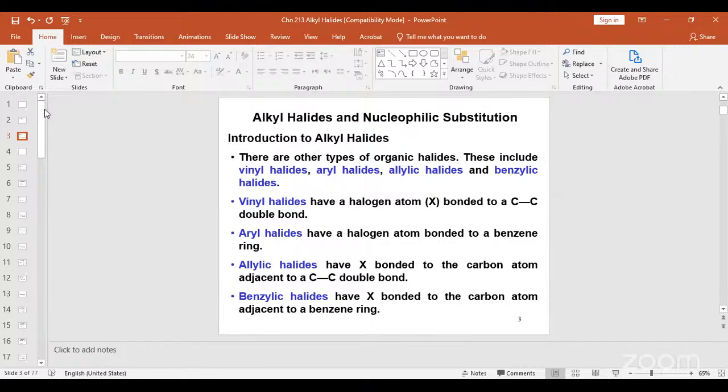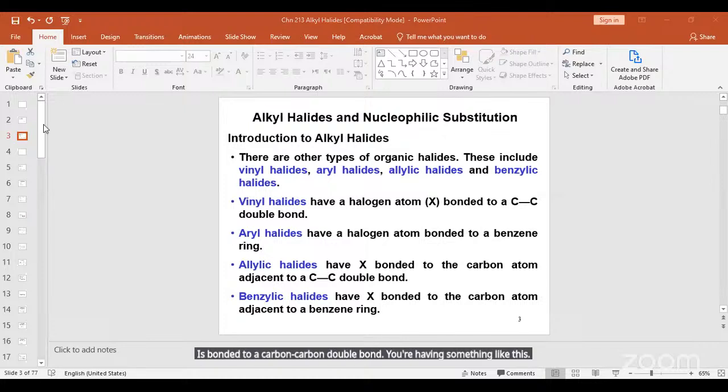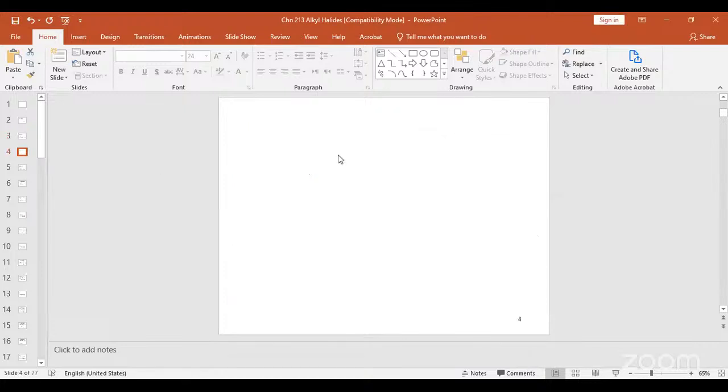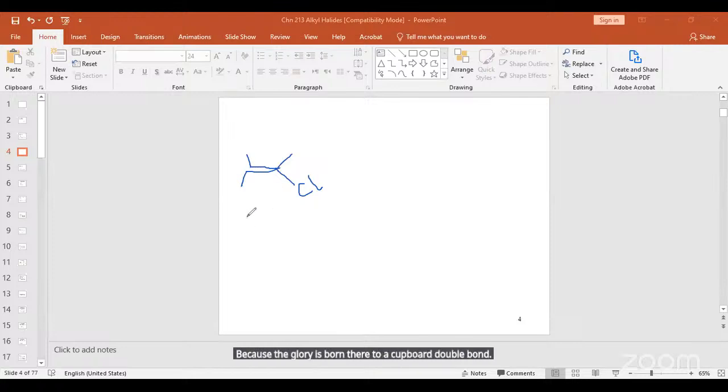We are having something like this. Because the chlorine is bonded to a carbon-carbon double bond, this is a vinyl halide.